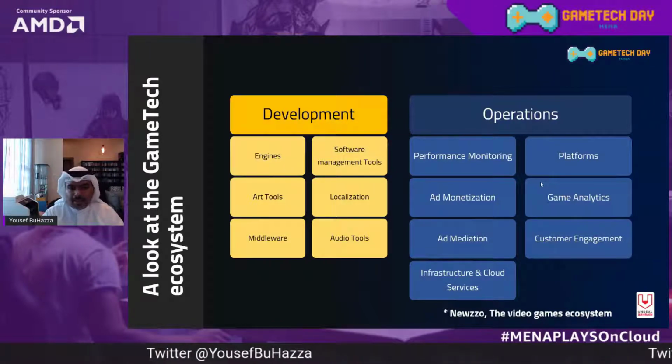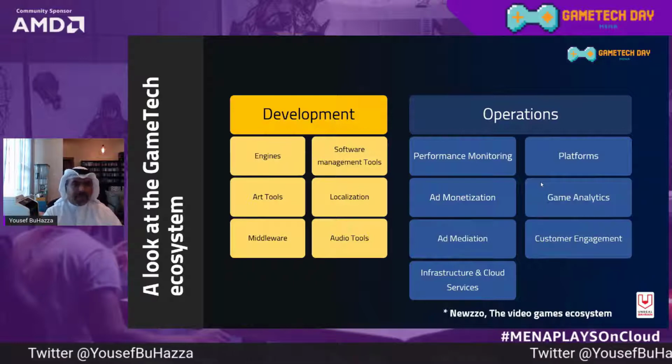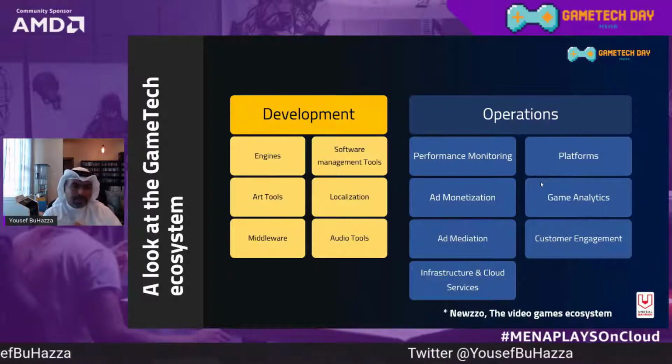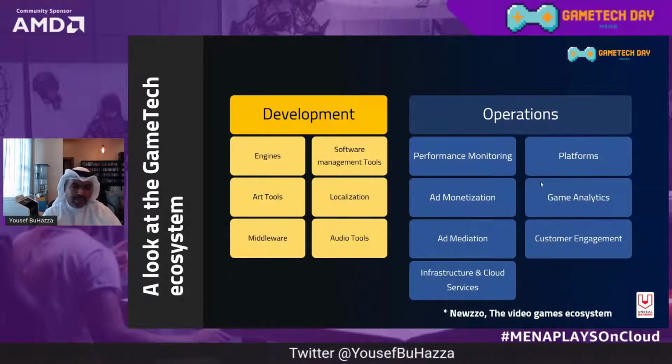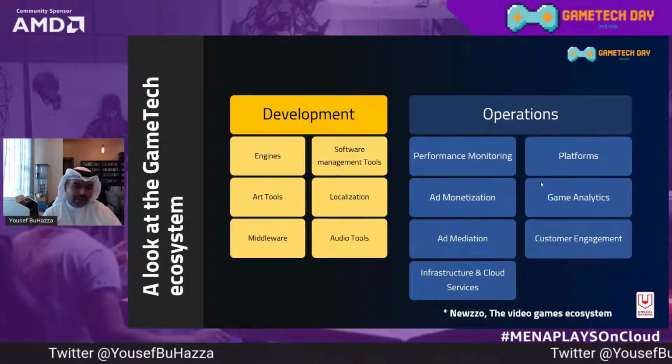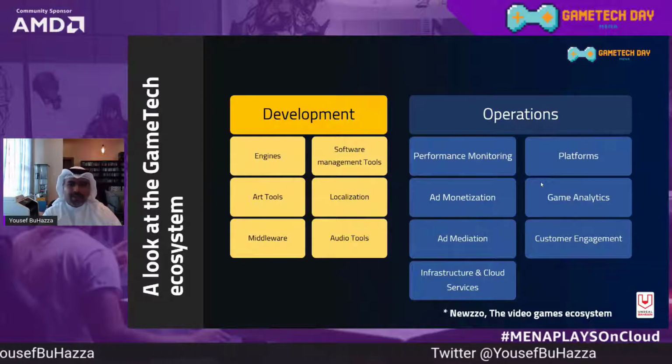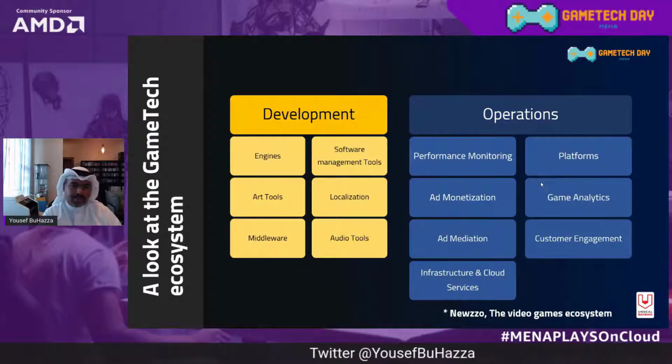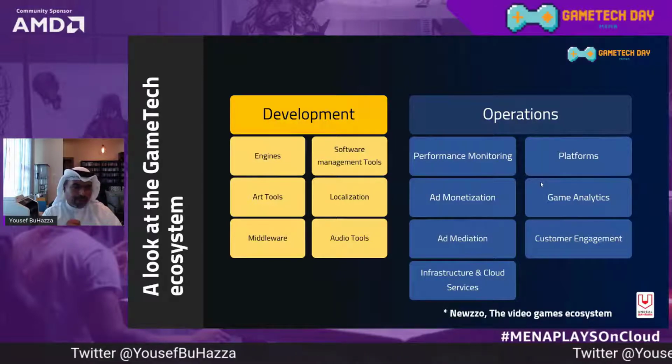Localization is another area of game development that is very important when you're trying to access a global market. There are tools that offer real-time localization services, kind of like Google Translate, but from a project management point of view.